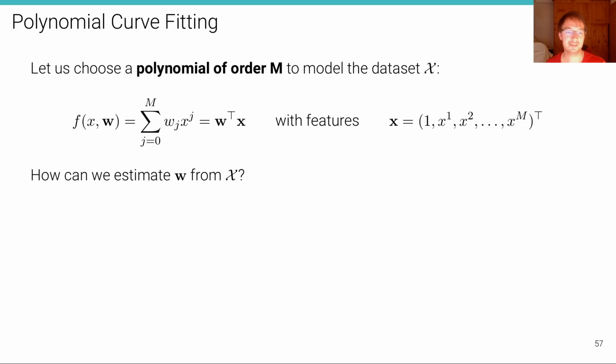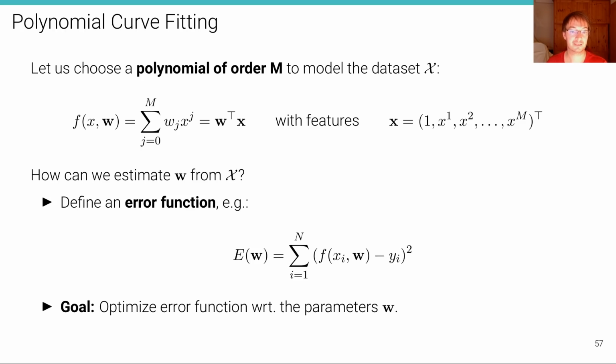Now, how can we estimate w from the data set X? Well, again, we define an error function, a squared error function here, which looks the same as before. So we minimize the sum over all data points of the squared errors between the predictions of the model and the observations y.